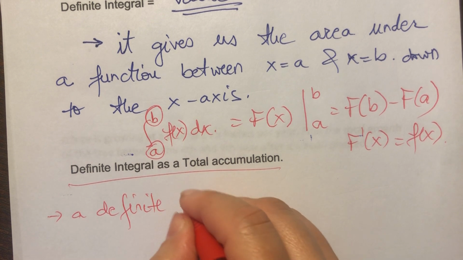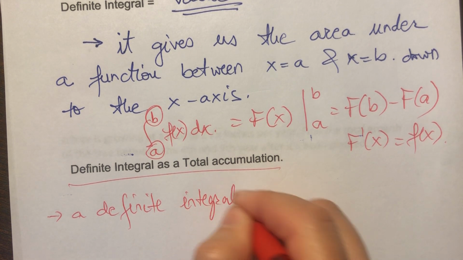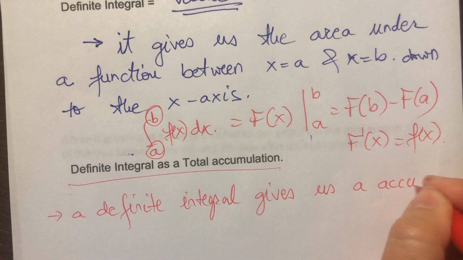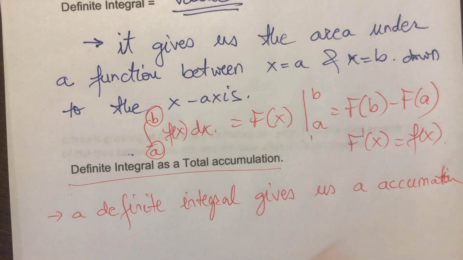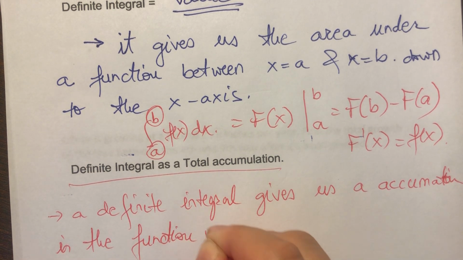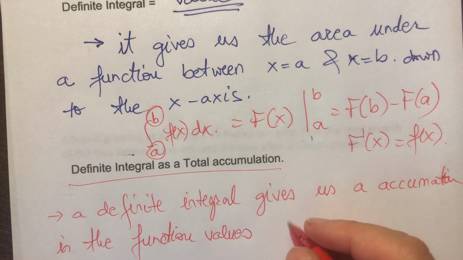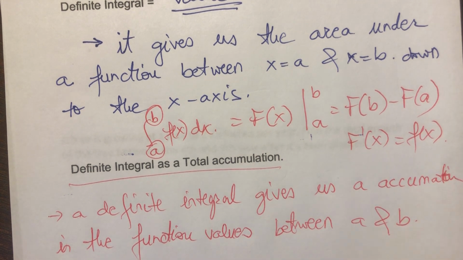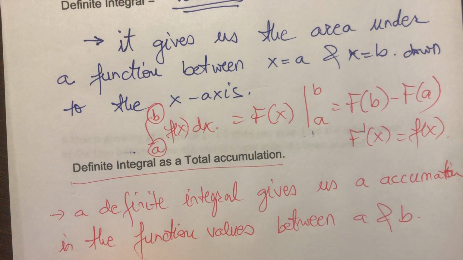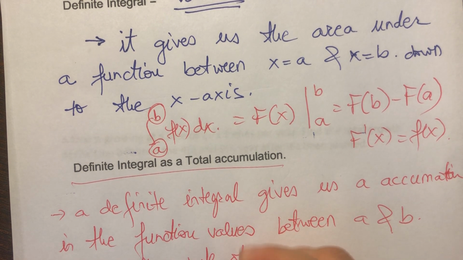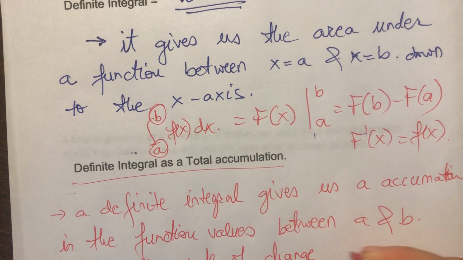A definite integral gives us an accumulation in the function values between a and b, given the rate of change in that function.